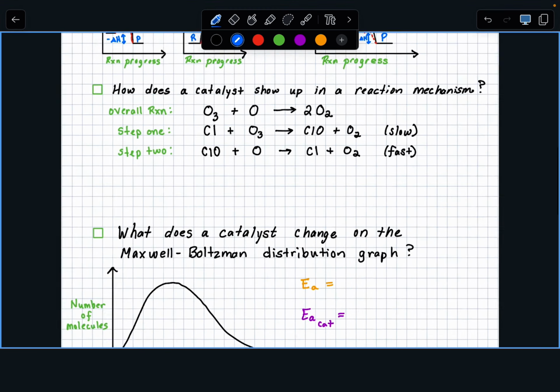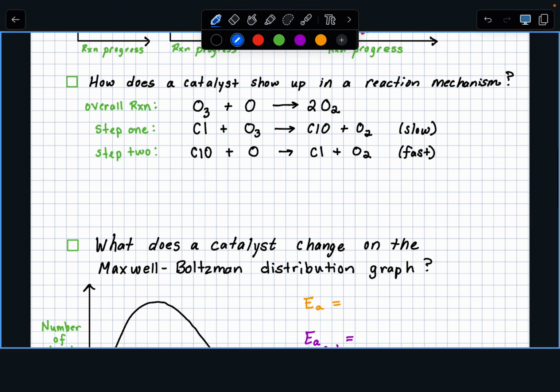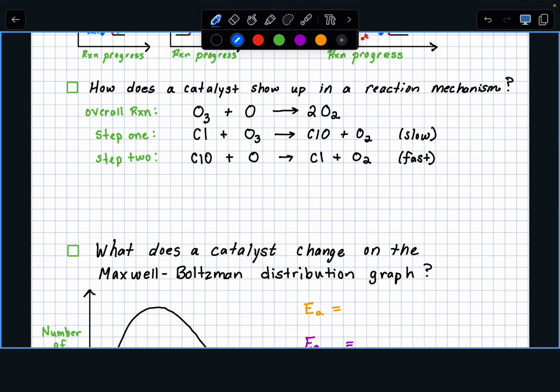All right, so the next thing would be how does a catalyst show up in a reaction mechanism? And what you're looking for here is that it's something that starts in step 1 and is reformed in step 2. So as you look for what it is, it is a reactant in step 1, or in the beginning, and is reformed as a product.